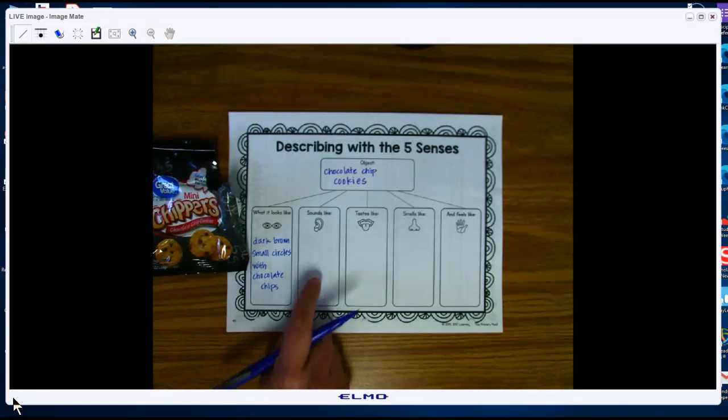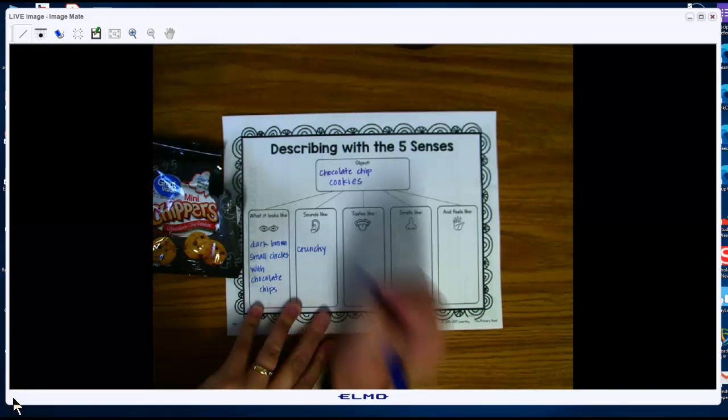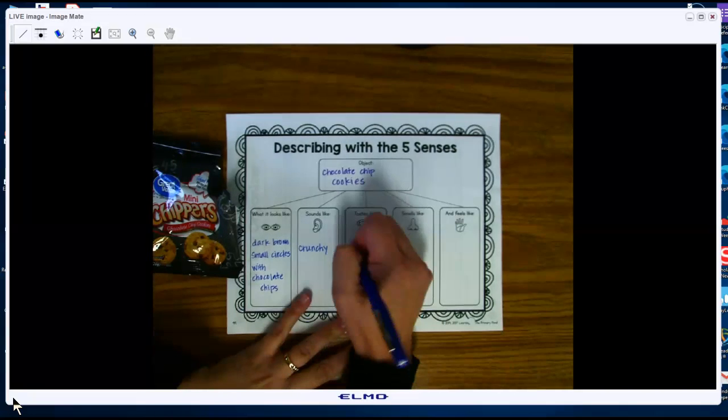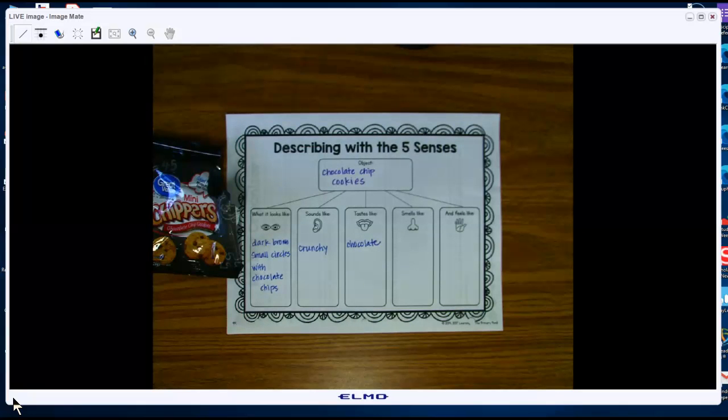Hey, what about when you eat it? What does it sound like? I know this is one word that we all probably put. Heather? Crunchy. Yep. All right, what about taste like? Is it sour? No. Savior? Chocolatey. Tastes like chocolate. Corbin? Crunchy though.